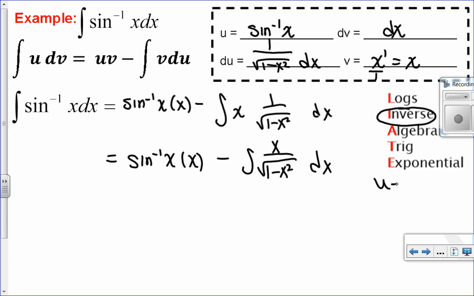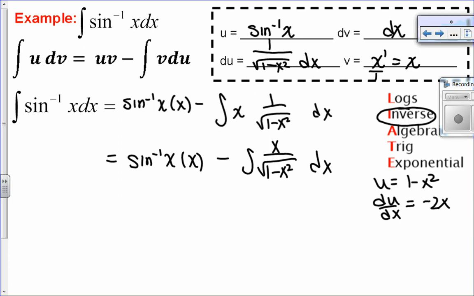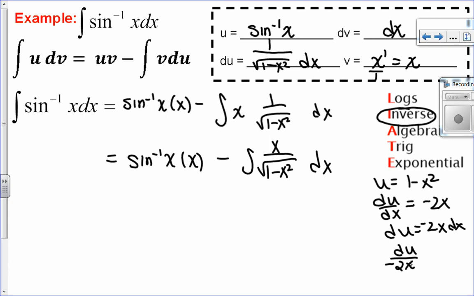So I'm going to let u be 1 minus x squared, and then du by dx will equal negative 2x. Of course, I want to solve for dx, so times dx by both sides, and I have negative 2x dx. Dividing both sides by negative 2x, I get du over negative 2x equals dx.